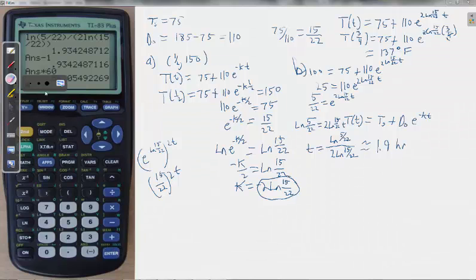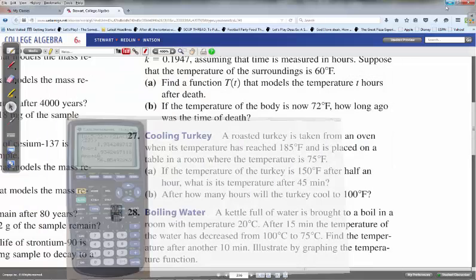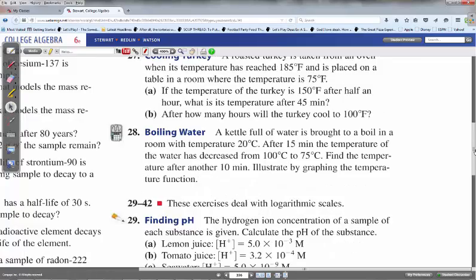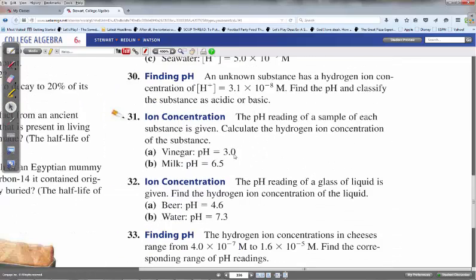Last thing we'll do, I think we'll do a pH problem, just for the fun of it. It is fun. This is going to be 30. An unknown substance has a hydrogen ion concentration of 3.1 times 10 to the negative 8. Find the pH and classify the substance as acidic or basic.